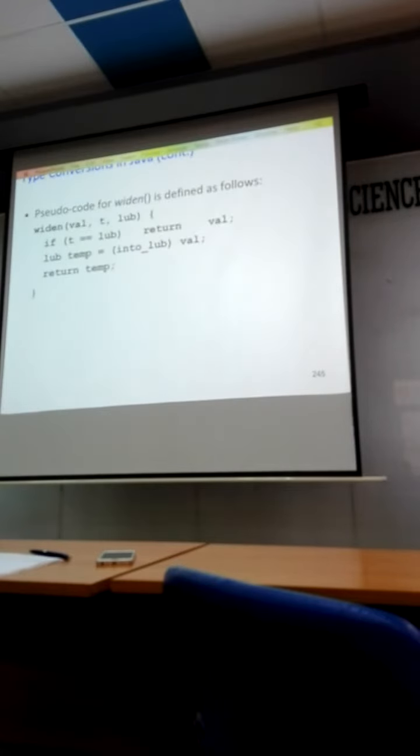Now look at this pseudo code. Obviously, if type t is also w, our function does nothing but return the value.